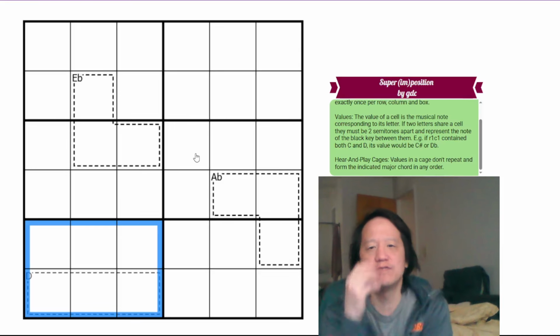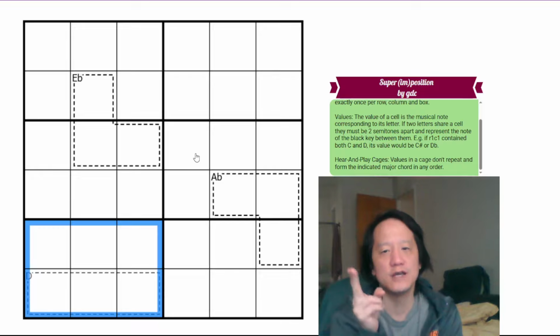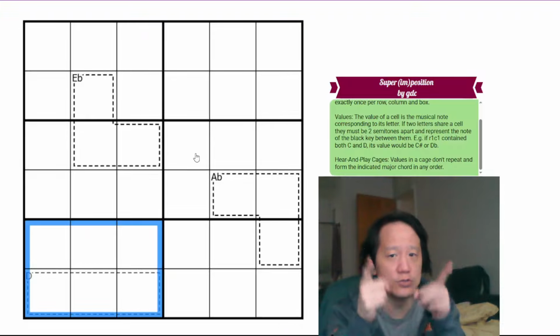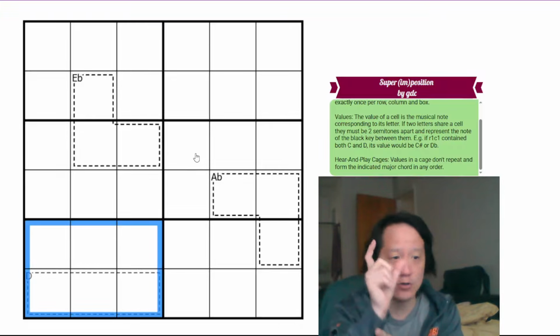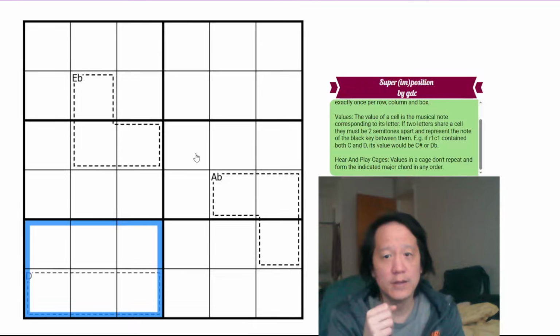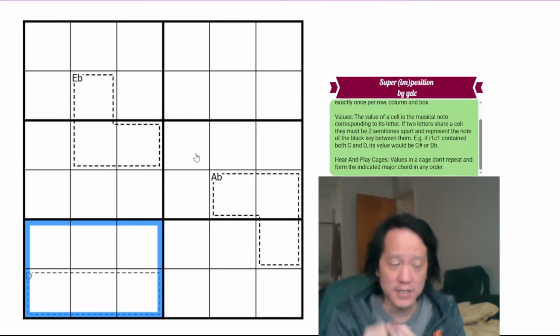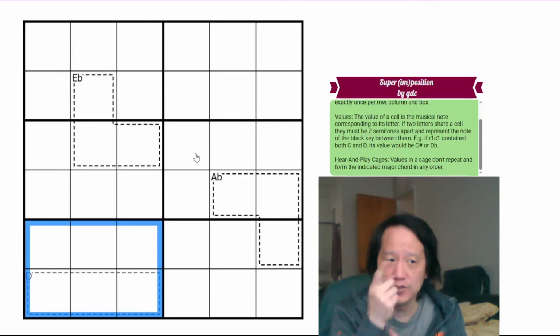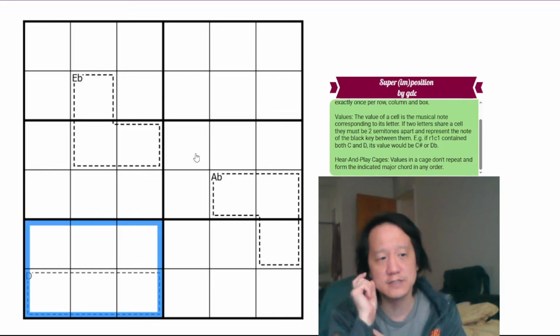So they cannot be like E and F, because that's only one semitone apart. But they could be C and D, D and E, F and G, G and A, or A and B. Those are the possibilities for sharing a cell.